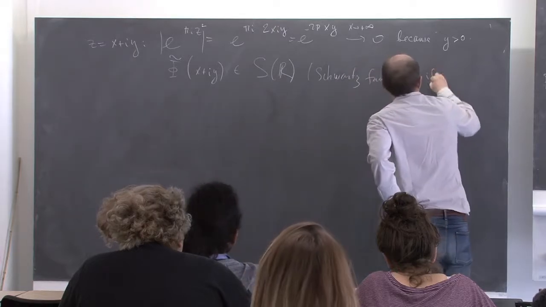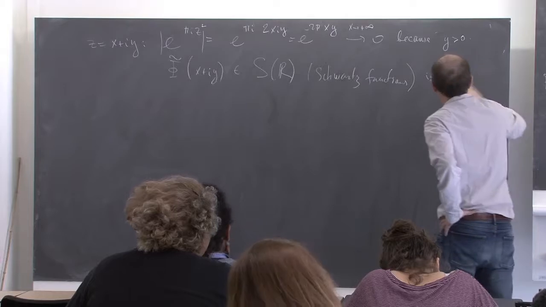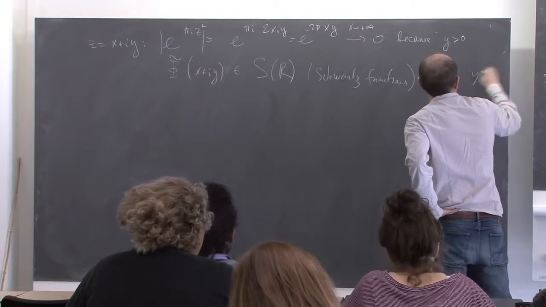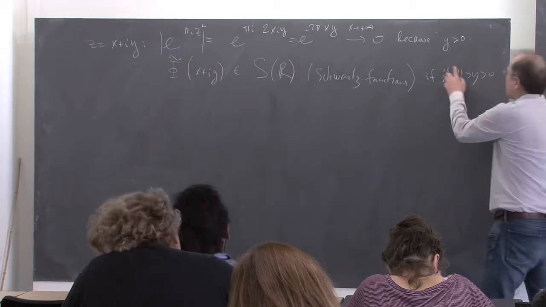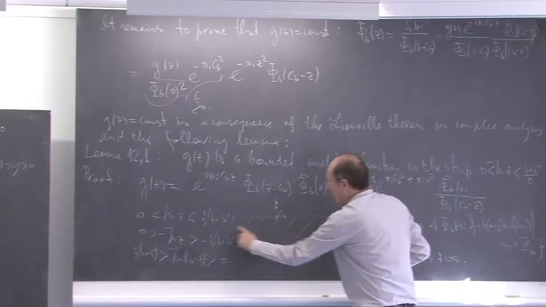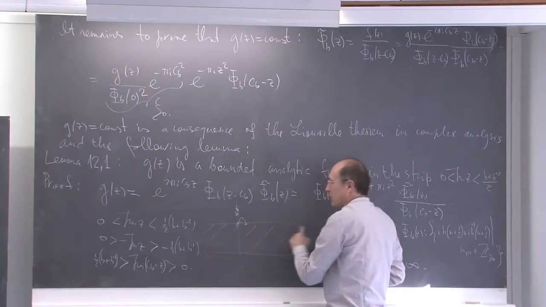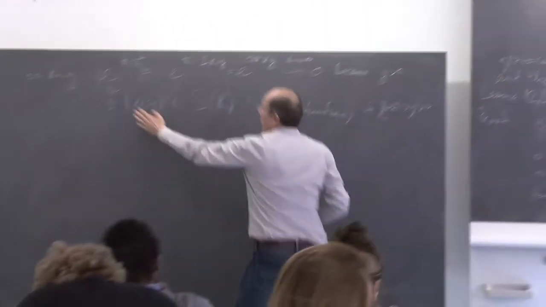So if y is positive and less than 1/2 b plus b inverse, this condition is needed for the contour of the Fourier integral to stay here. And so we have this property of phi.